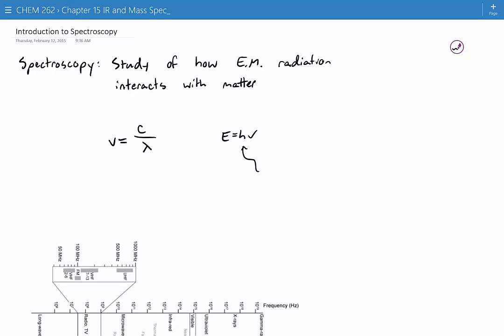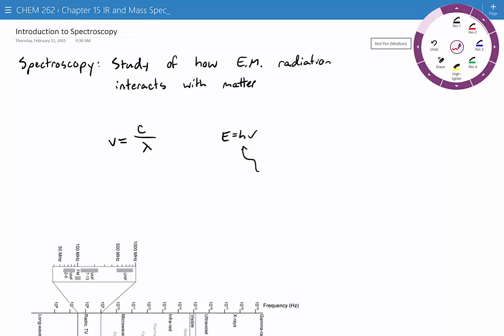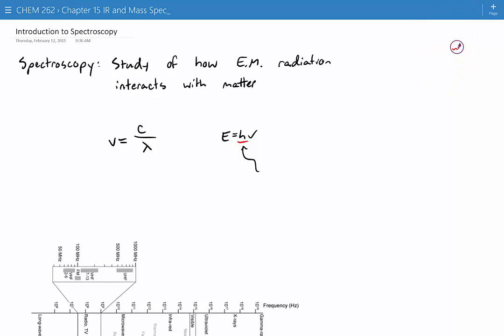So if you remember back to general chemistry, we use Planck's constant quite a bit, this H value, and this is equal to 6.626 times 10 to the negative 34th joule seconds.